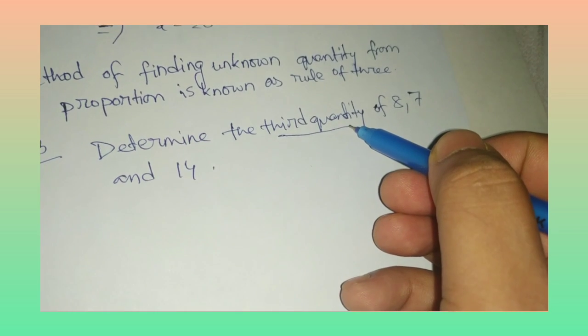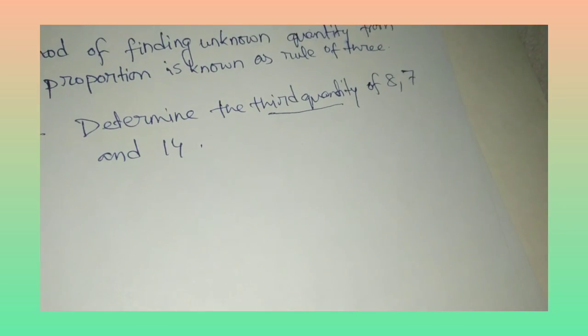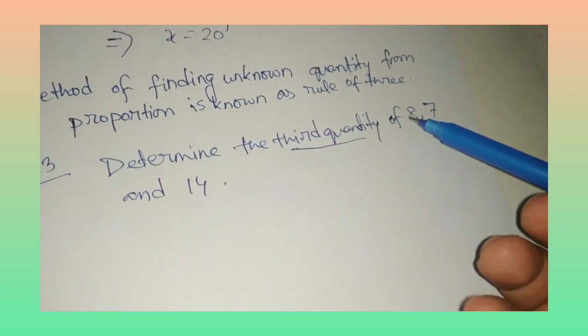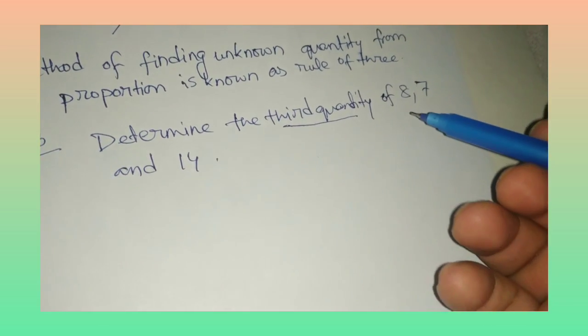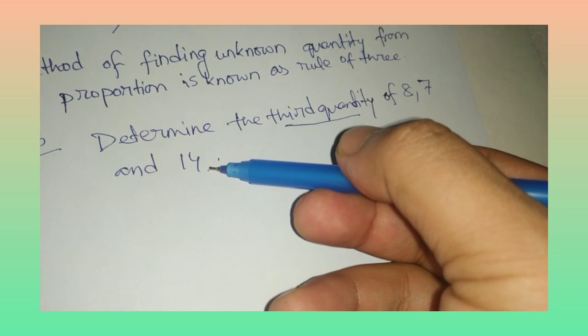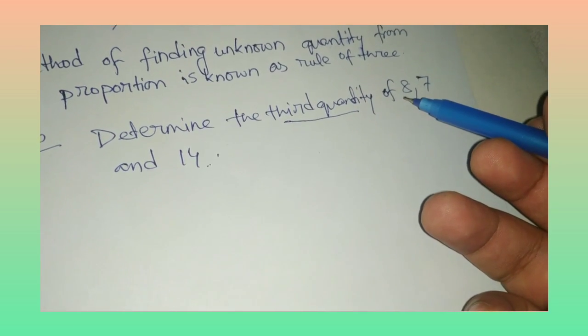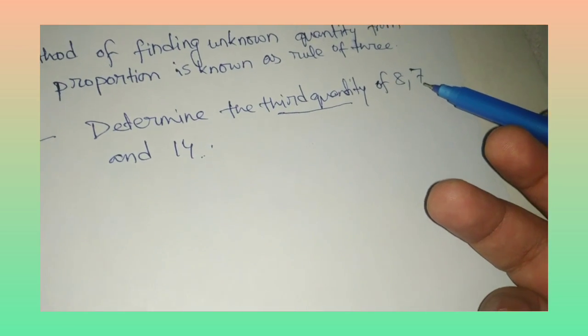Since the third quantity is missing, 14 is the fourth quantity, 8 is the first quantity, and 7 is the second quantity.